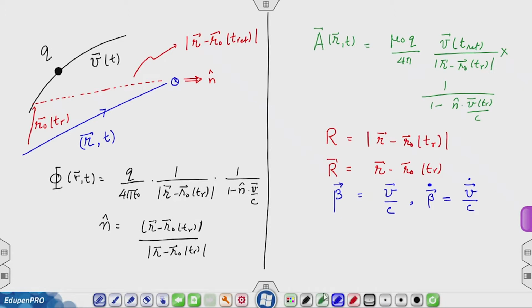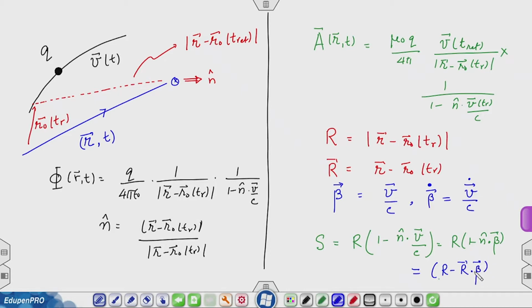And I am going to define a distance s, which is R times this factor 1 minus n dot v over c, again, everything being calculated at retarded time. So, this is R times 1 minus n dot beta, which is then equal to R minus the vector R itself dot beta.